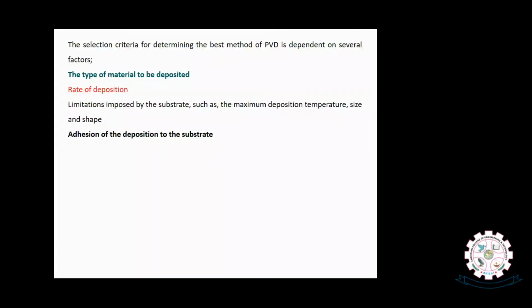In that case, these are some of the selection criteria. In the case of CVD, you don't need to worry much about it, because as long as the precursor gases or liquids are available, like when we have seen in the case of titanium nitride, it's fine for you.